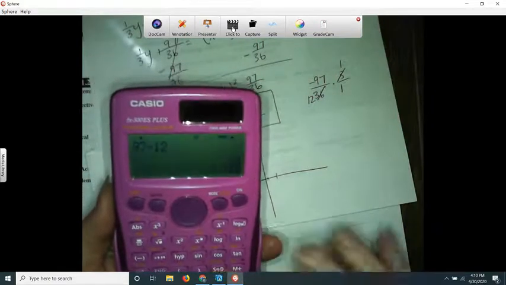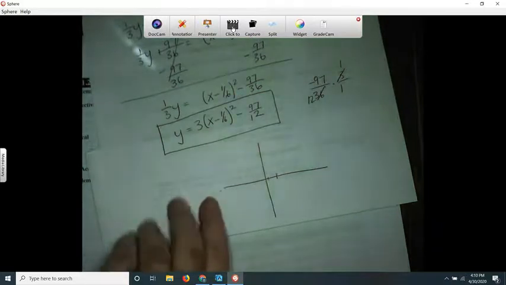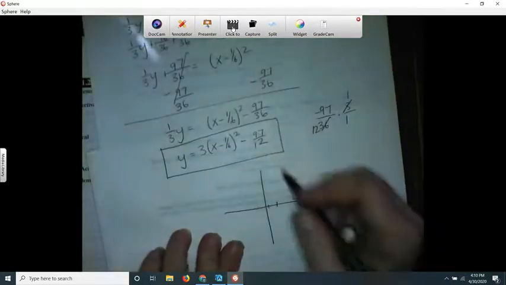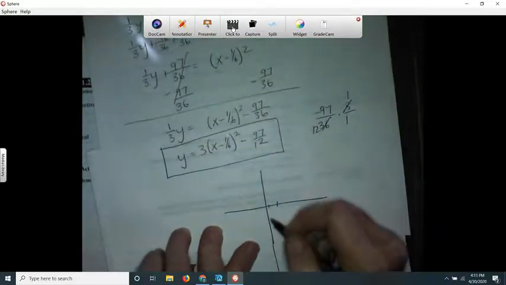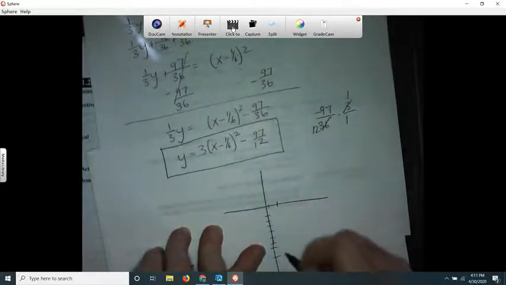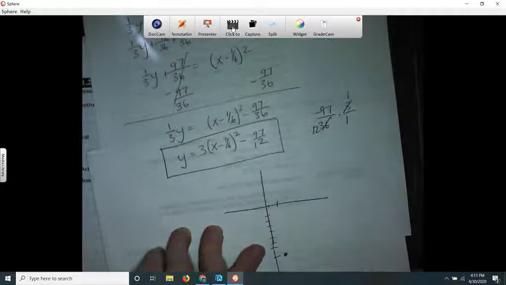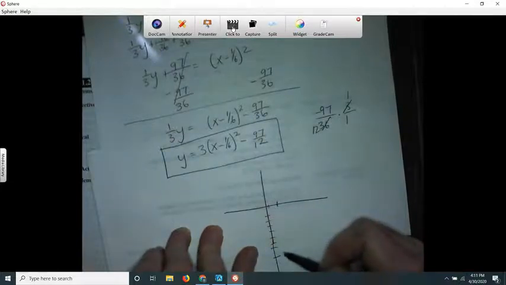It's about 8.0 something. It's very close to 8, so we'll just say it's down there somewhere. This is supposed to be lined up right here, okay?